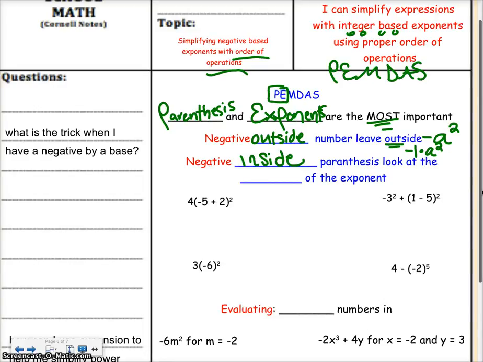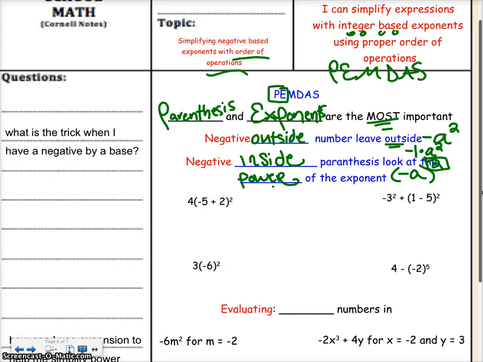If the negative is inside parentheses, for the next one, so you have two situations. The negative is either outside next to the number, or the negative is inside parentheses. What you do with those, if it's inside parentheses, you look at the power of the exponent. It would look like this, negative a squared. So you're looking at whatever power this is.